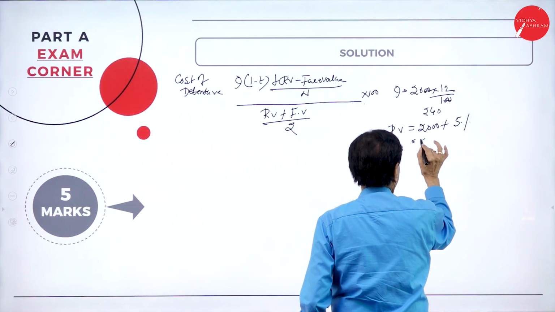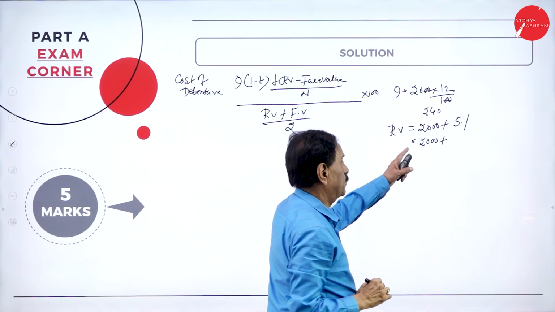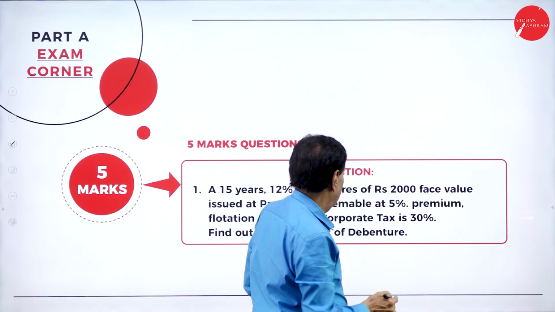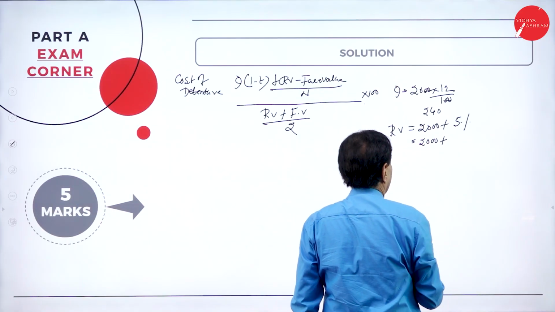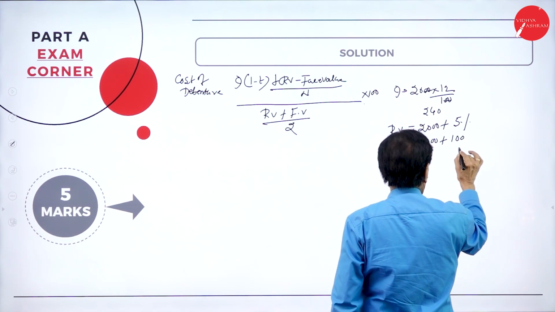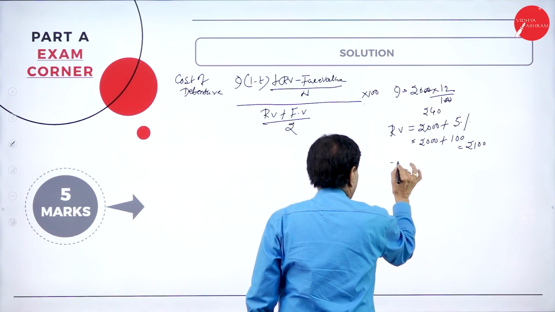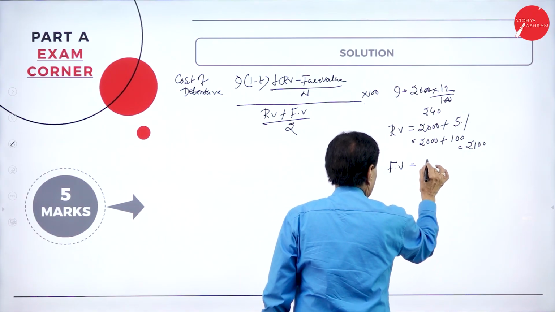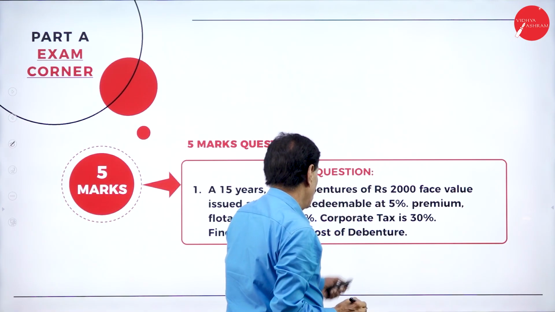So 2000, 5% of 2000, the zeros cancel out. This is 100, so redeemable value is 2100. Face value, what's your original value? 2000 minus flotation cost.